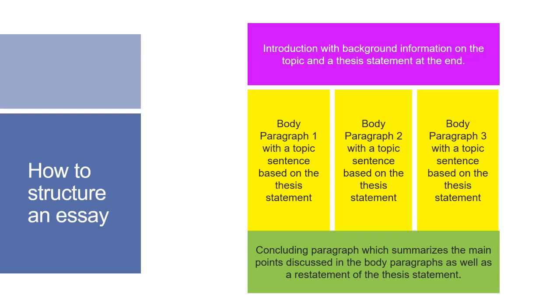And finally, your essay should have a concluding paragraph which summarizes the main points discussed in the body paragraphs, as well as a restatement of the thesis statement. This is where some students make the error. You should not forget to restate your thesis statement in the concluding paragraph.